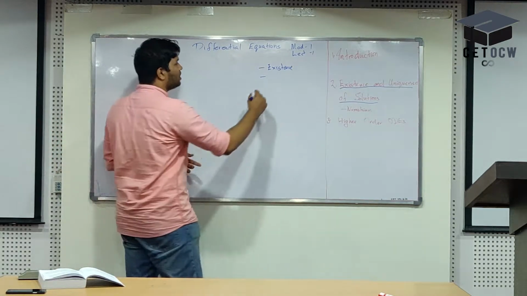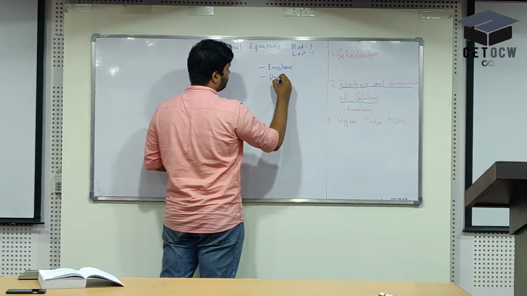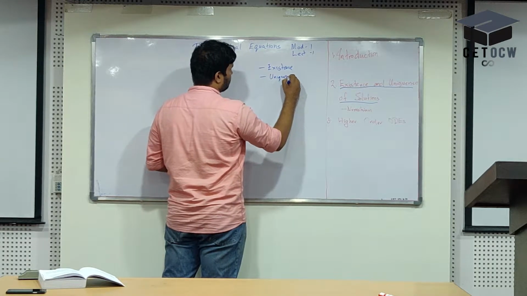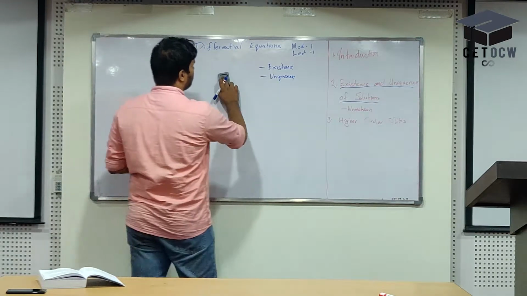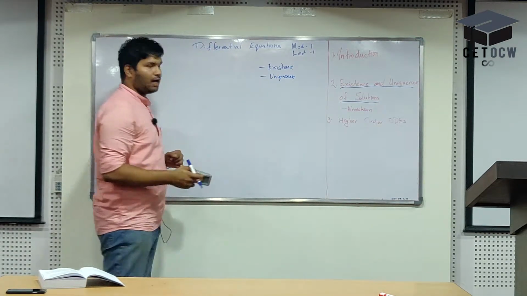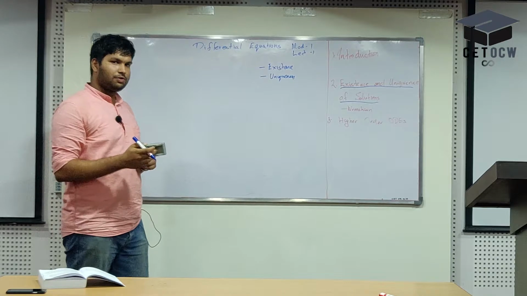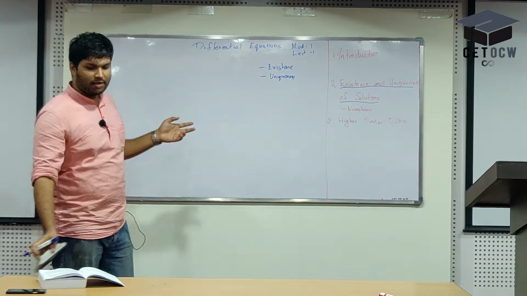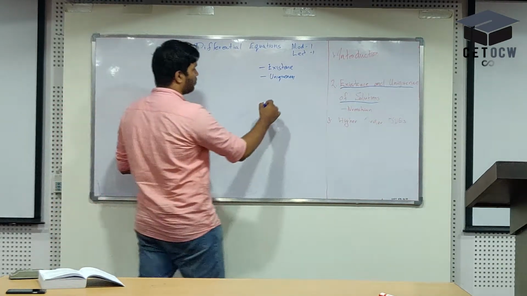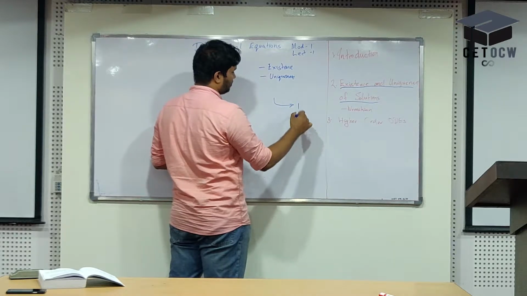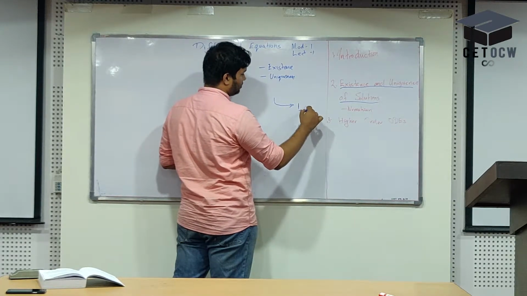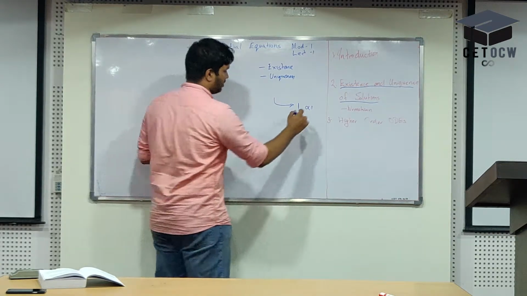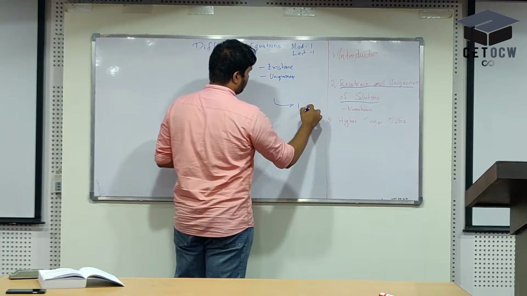That is, there is just one solution. If you can talk about its existence and uniqueness of solutions, then you can say that there is just one solution, or there is at least one solution for an ordinary differential equation.